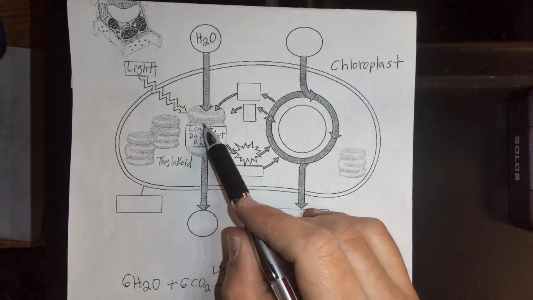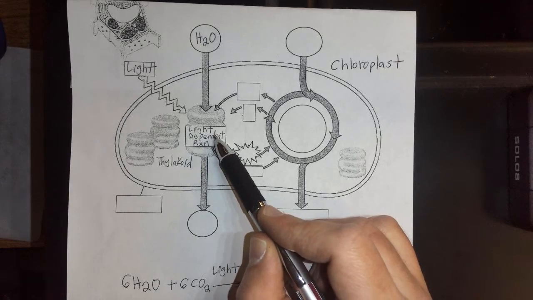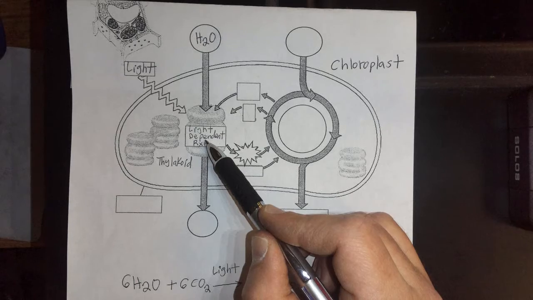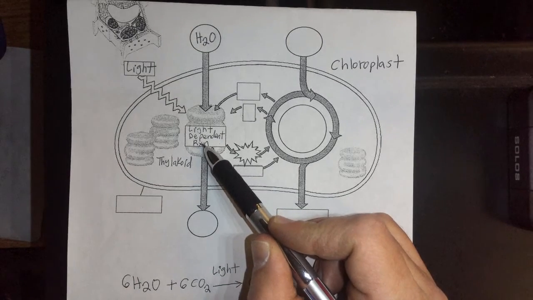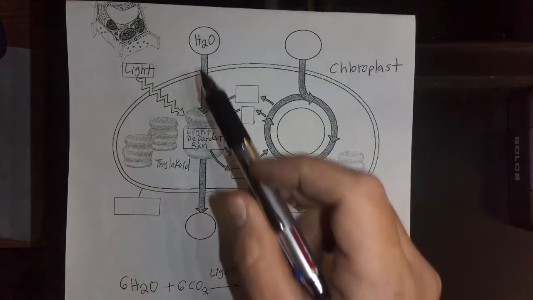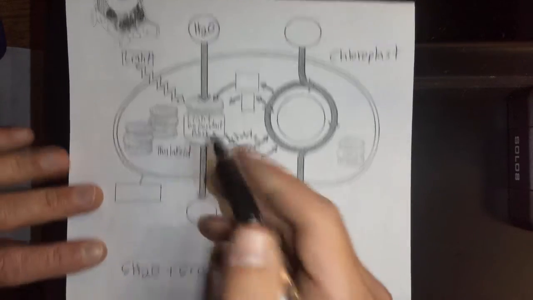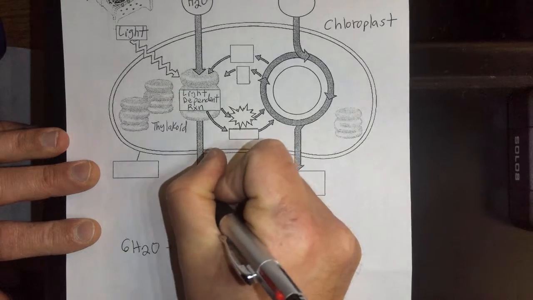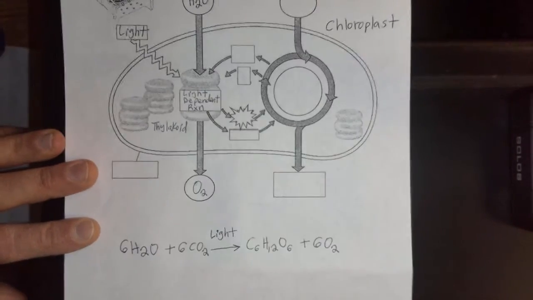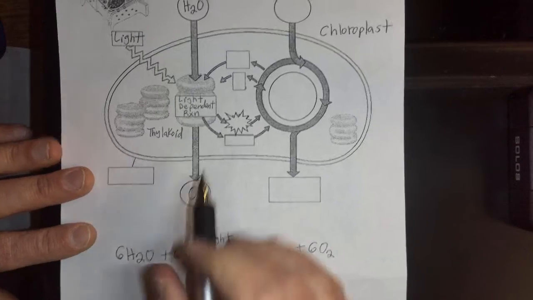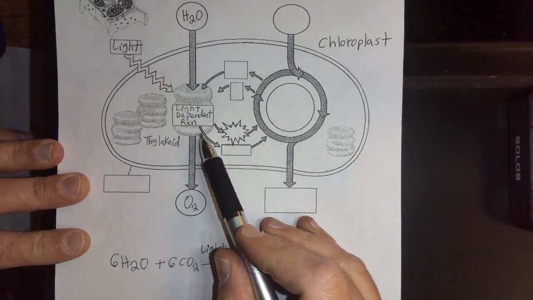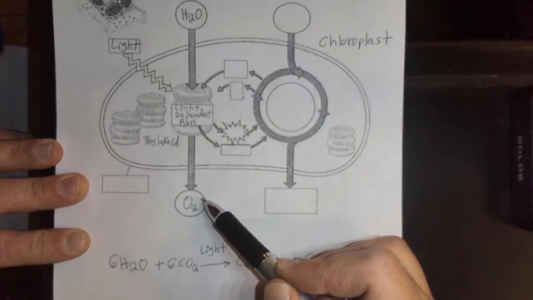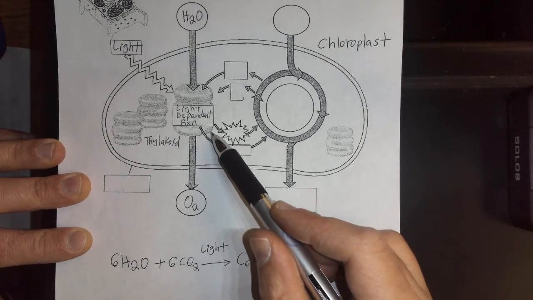Now the energy being absorbed from the light, which is why it's called the light-dependent reaction at the thylakoid, this light energy is being absorbed, and it's actually used to split the water molecule, and it releases oxygen. Now, in doing so, splitting the water molecule to release oxygen actually releases these high energy electrons.